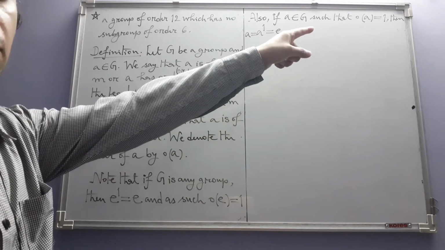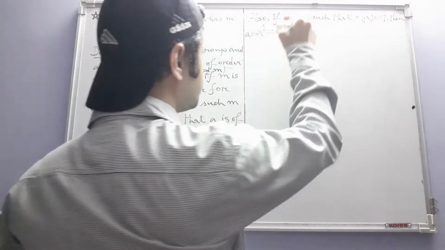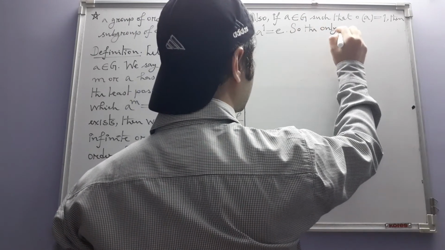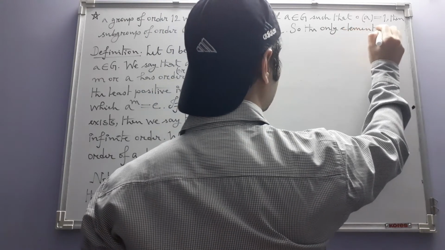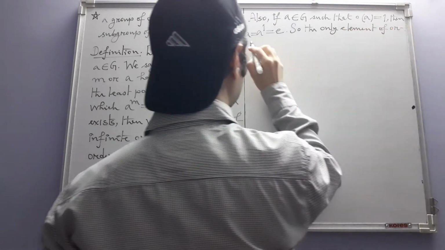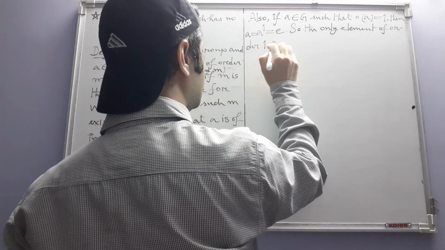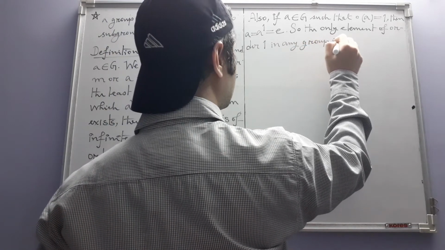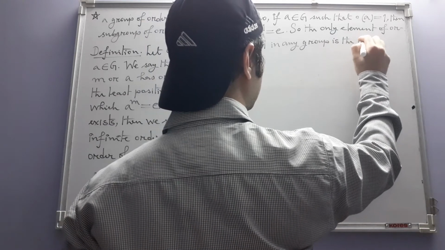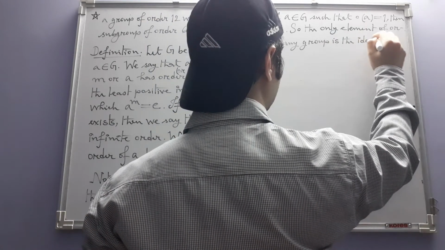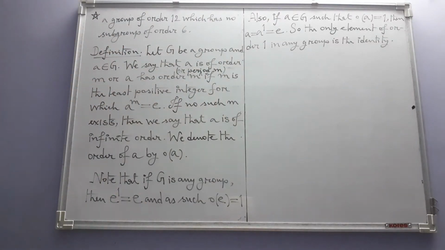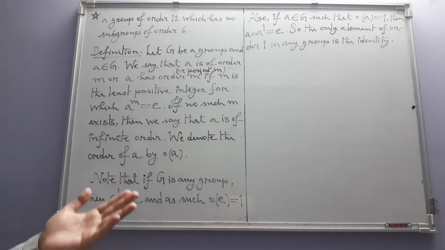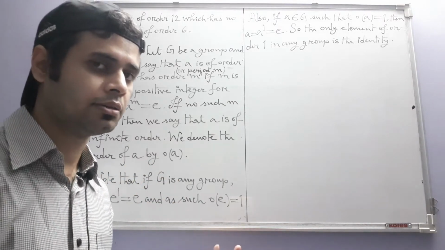So the only element of order 1 in any group is the identity. This also tells us that if we take a non-identity element, then either it is of infinite order or its order is a positive integer greater than 1.